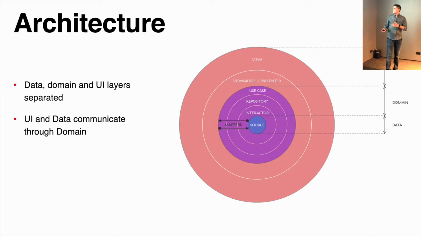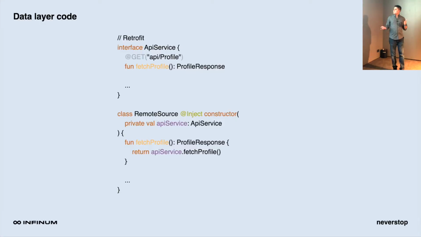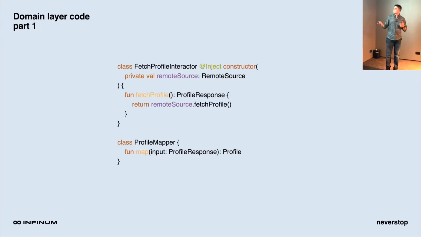So we do this that we call anti-corruption layer, and we map the stuff to the domain. To do this, we have like 3 sub-layers. We do interactors. They communicate with the data layer, and they fetch some object. But that object is still in the form of a data object.